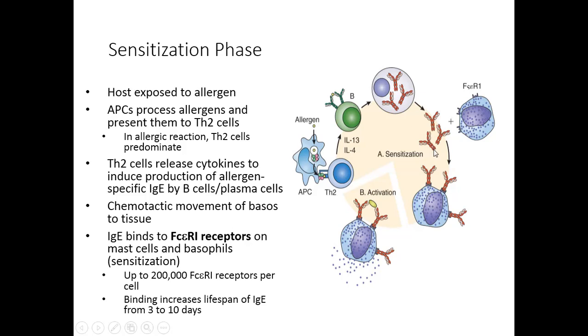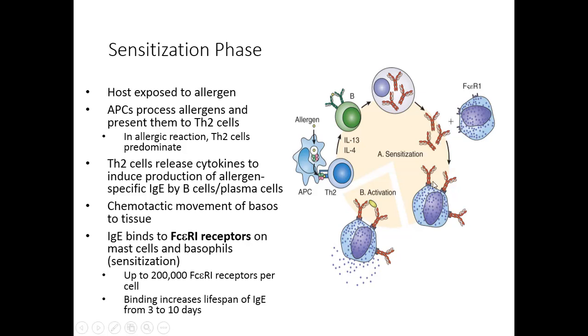The Fc portion of the heavy chain down here is going to bind to those receptors that I talked about that are on mast cells and basophils. So that receptor is the Fc epsilon R1 receptor. And so this receptor binds to the Fc portion of the IgE antibody.